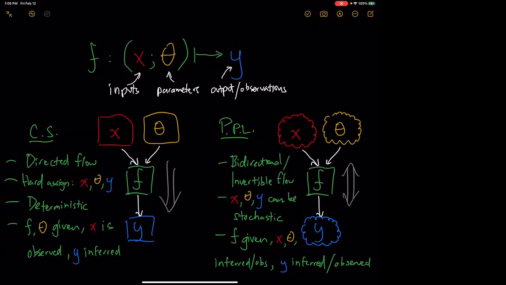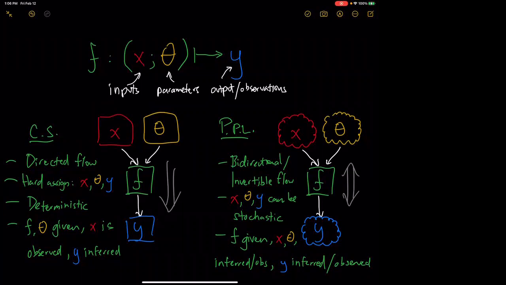Specifically, if you give it the same inputs and the same parameters, it will always produce the same output. You can think of this as a type of probabilistic function where the distribution over the inputs is a hard assignment. So the probability of getting a different output for the same input is 0 over multiple runs of this function.